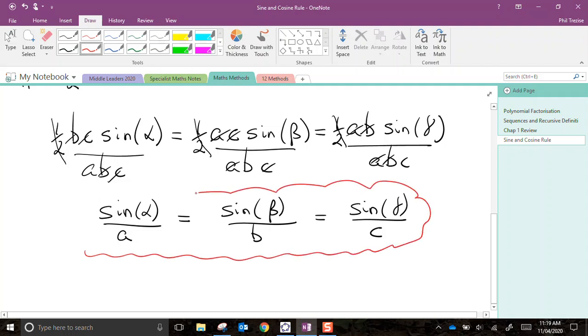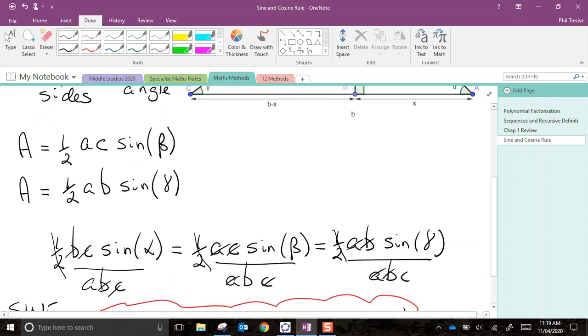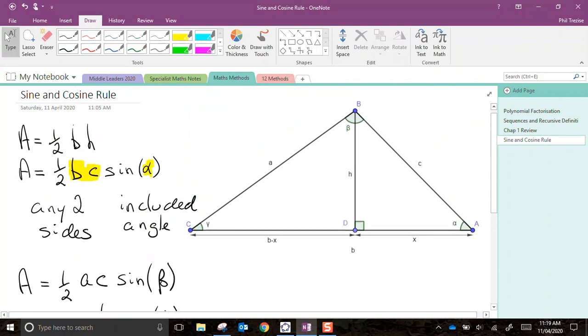That is a very handy rule, and it applies to any scalene triangle. It doesn't have to be a right angle triangle anymore. So this is known as the sine rule. How interesting.